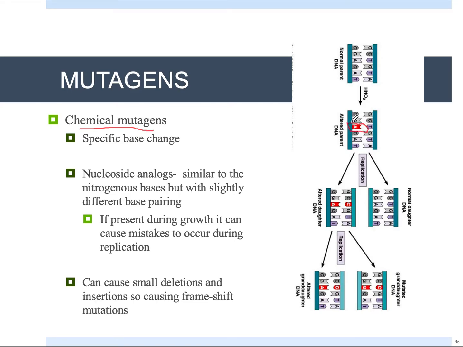It's as if this is adenine, but this is not adenine. It's a different nucleotide, but it looks very much like adenine. The difference is in the fact that it pairs with a different nucleotide. So adenine in the DNA would pair with thymine, but in this mutagen, the mutated adenine will pair with cytosine, and this would then be passed on to the offspring as well.